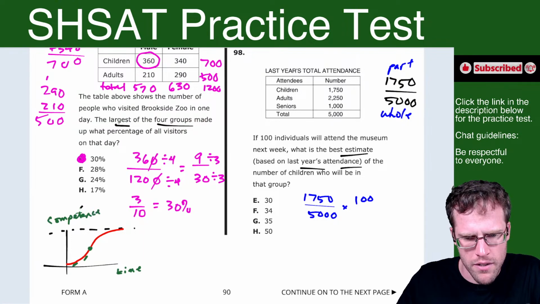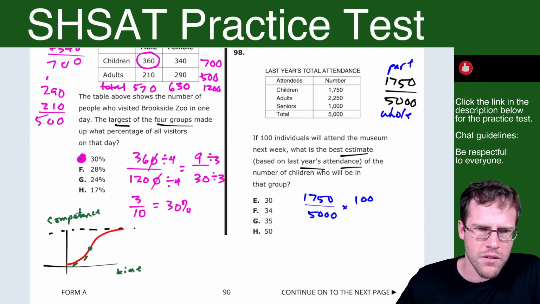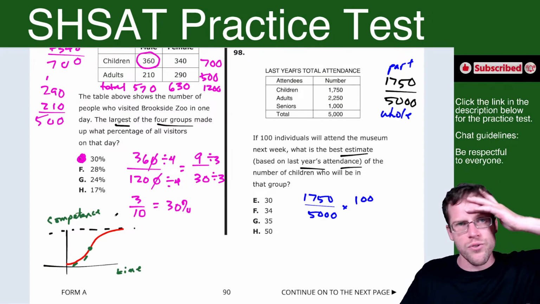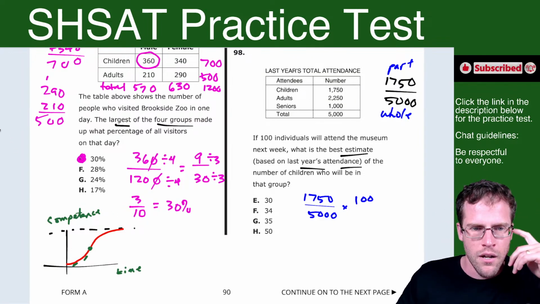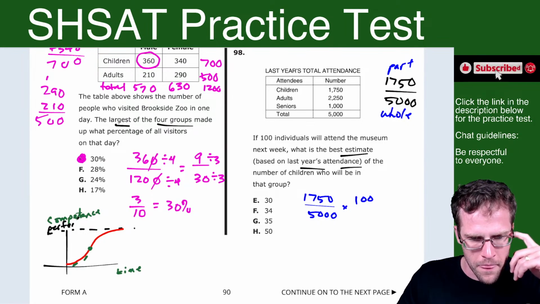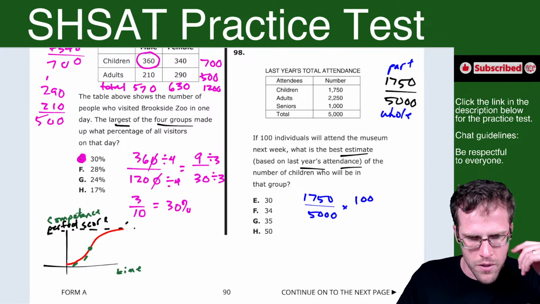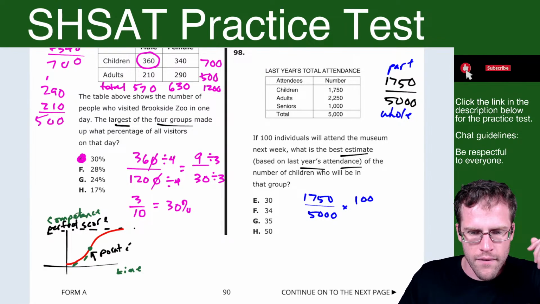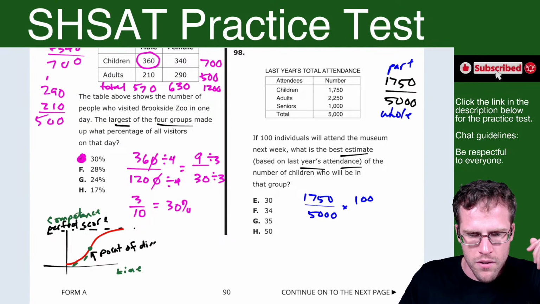Hope I'm spelling it right. All right, so this is your competence. Don't get me wrong, there's a true limit on how much you could learn on a particular subject matter. Let's say this is the perfect score. So this is the point of diminishing returns.